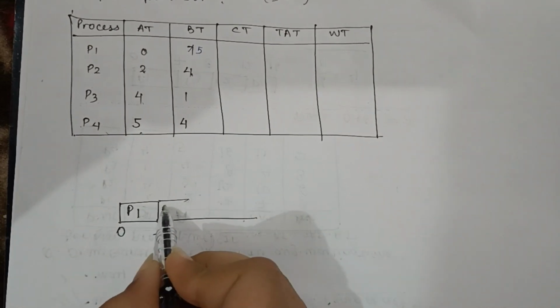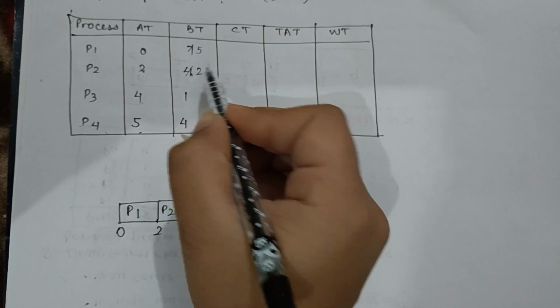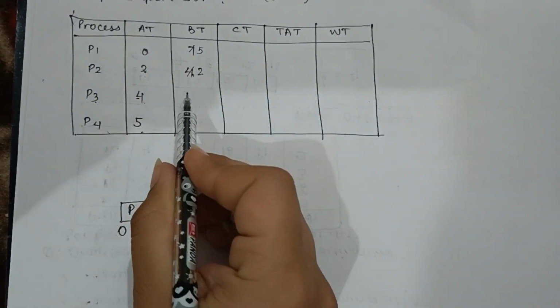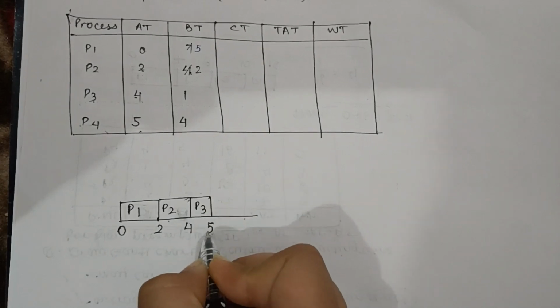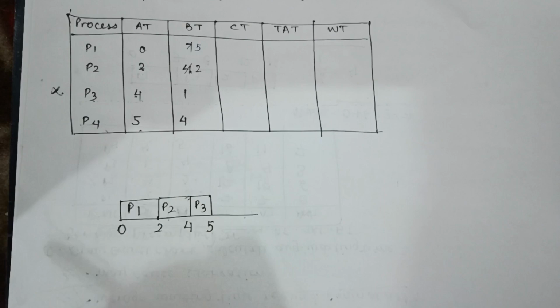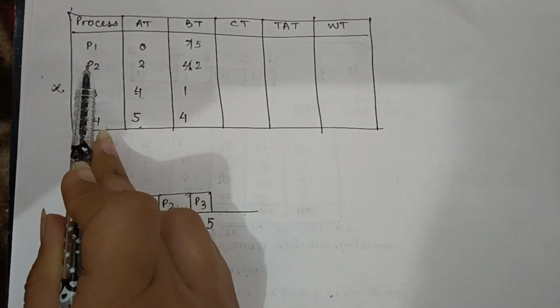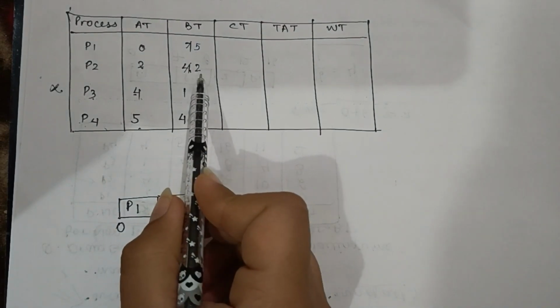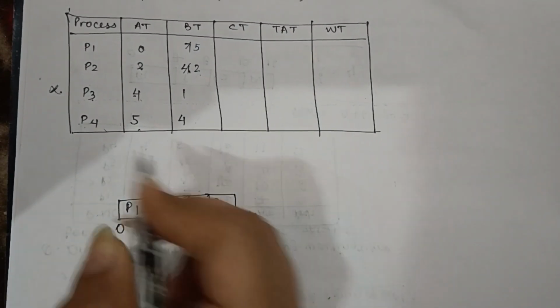Now P2 would be executed for 2 seconds, because at 4 we have P3, a process with only 1 unit of burst time, so P3 would be executed and completed. Okay, now this process is completed, and next at 5 we have P4 with 4, but we have P2 that only has a burst of 2 seconds left, so P2 would be executed again next, until 7.